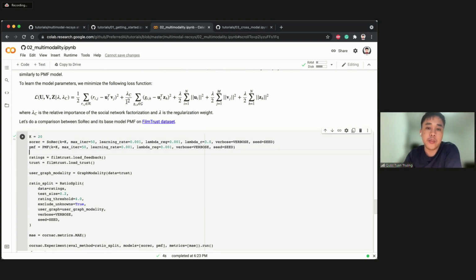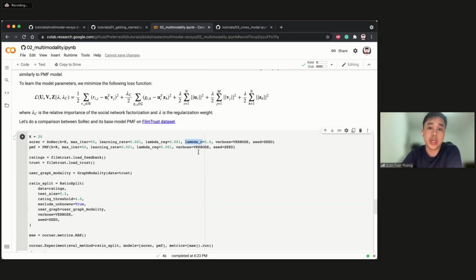There's this lambda C, which balances the trade-off between estimating the two matrices, and that is also a key hyperparameter of the SoRec model.